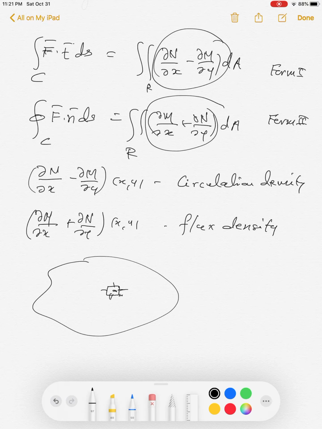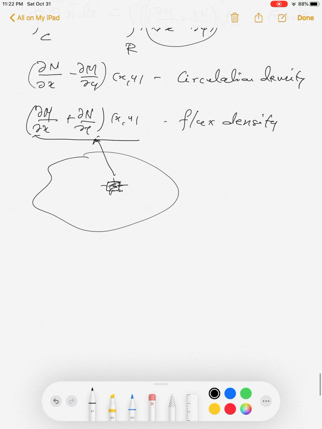It's in some sense like you have a turbulent fluid, and at each point you take a little rectangle and you want to find out how much is oozing out divided by the area. Take the limit as this area tends to 0, and that limit is this quantity. So math captures that. And now the remaining part of the course is how to see the analogues of this in higher dimensions.